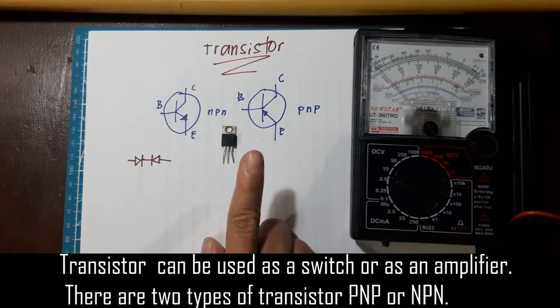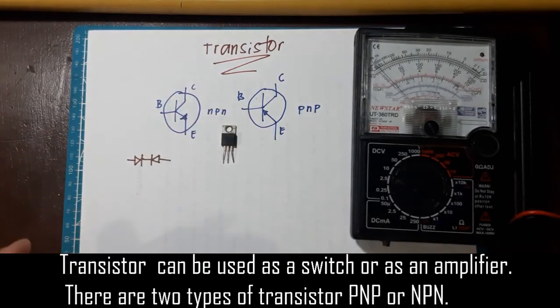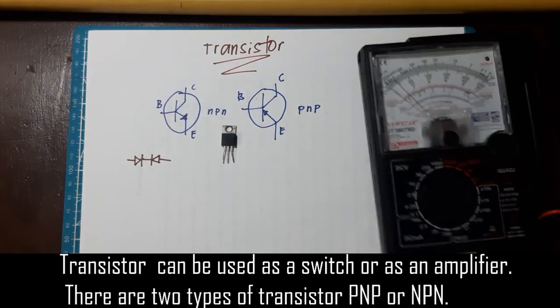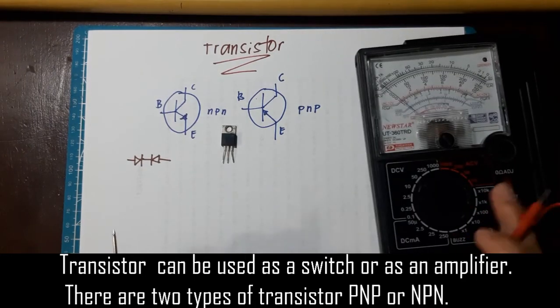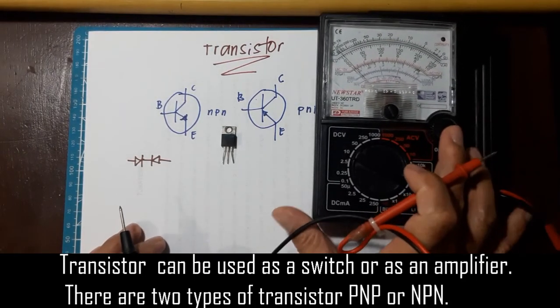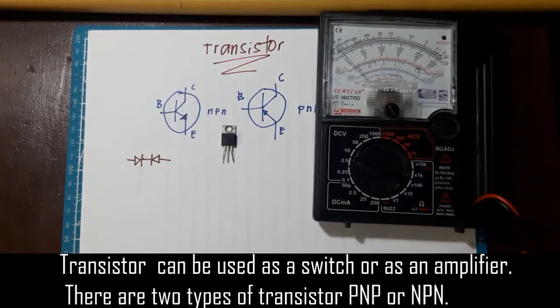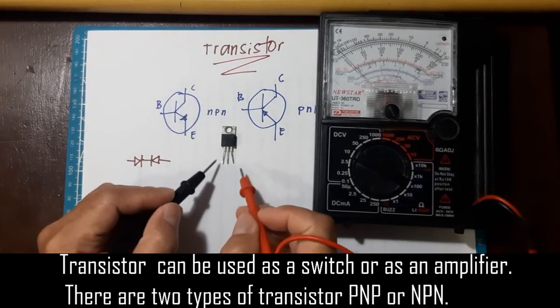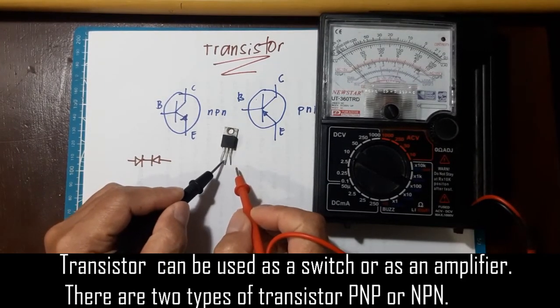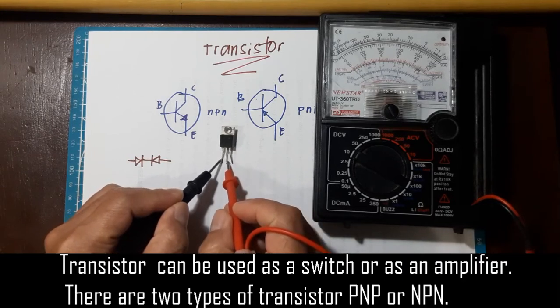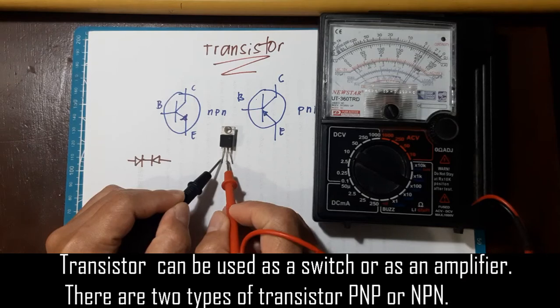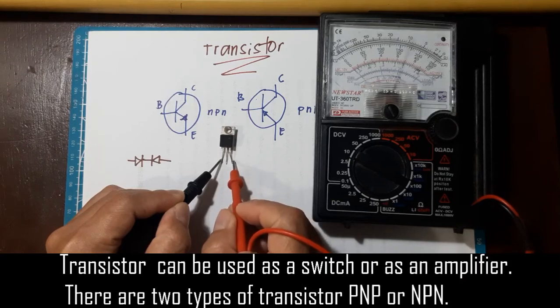Now let's say for example I use my tester, connecting here to this one. I'm getting a resistance value, and another resistance value here.